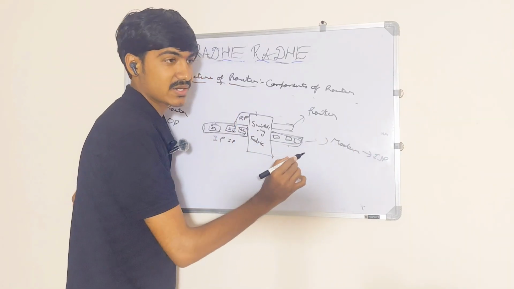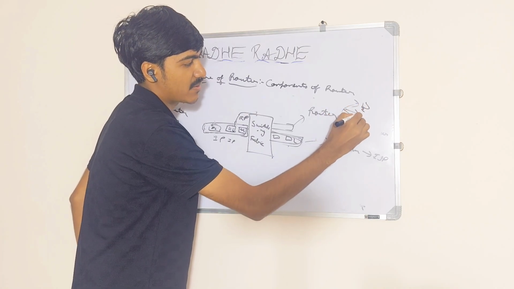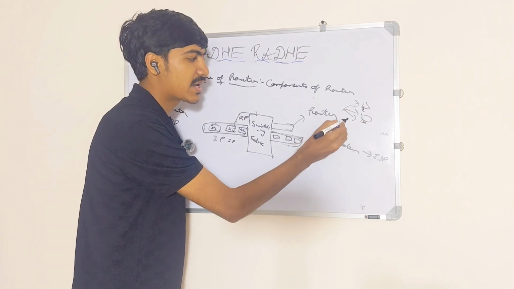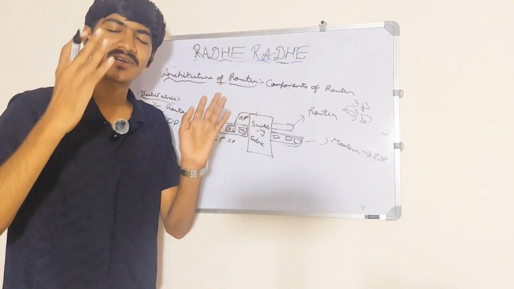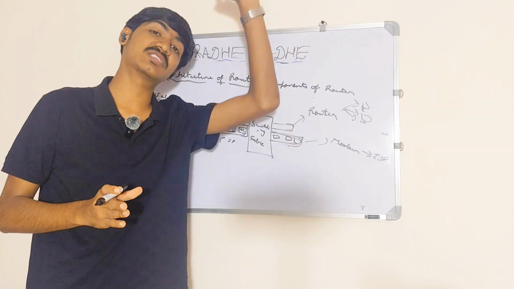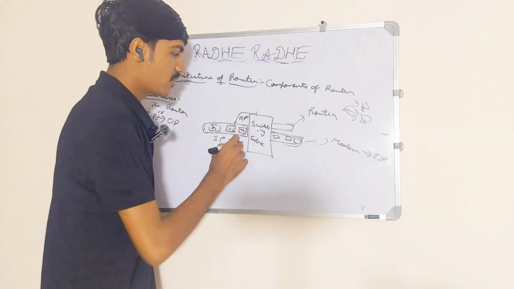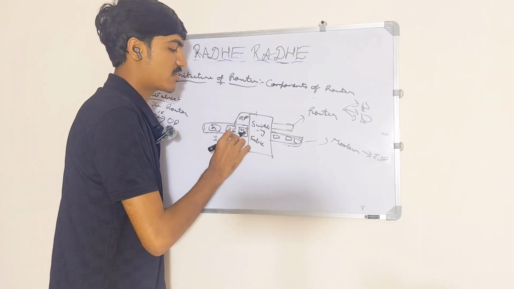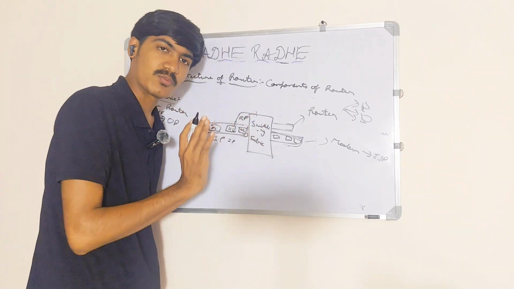Because it should go to the internet, not to another router which has another LAN, because the YouTube server is not present in this LAN. The YouTube server is not present in the ISP either, but the ISP is the one which will help it reach the YouTube server, which is sitting in the USA. So this component decides to connect the correct input port to the correct output port.